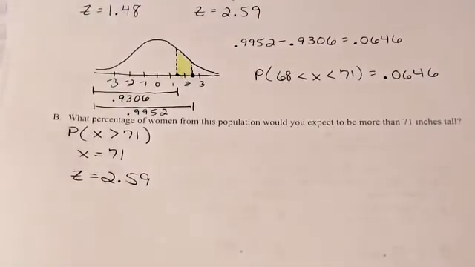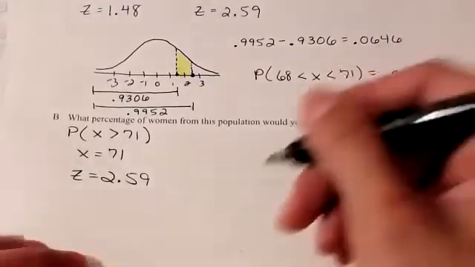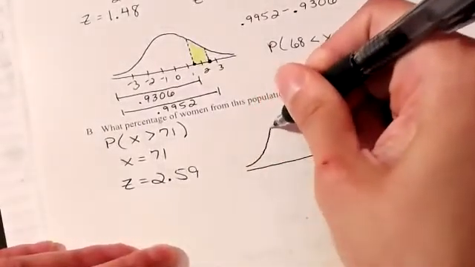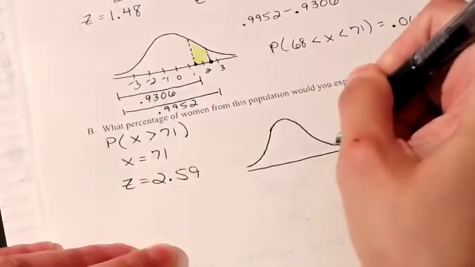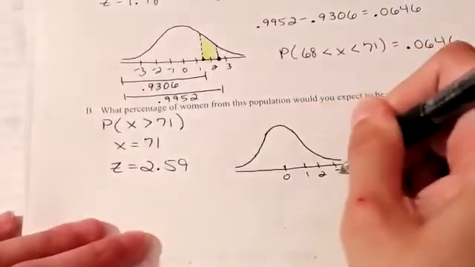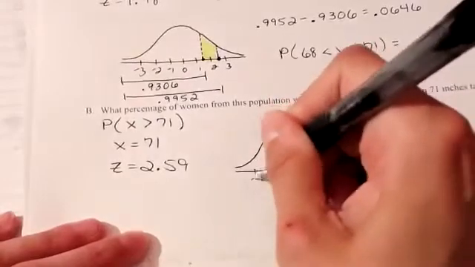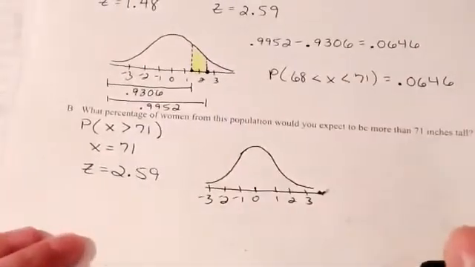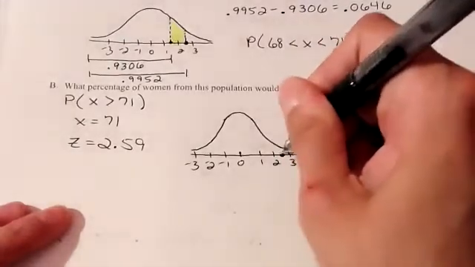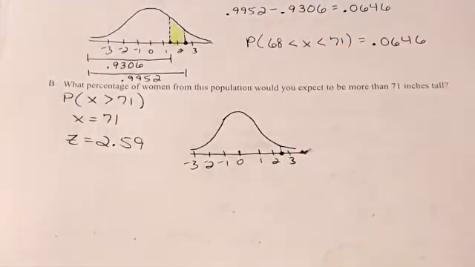Again, what may help is to draw the actual curve. So I'm just going to quickly draw our normal curve. Here it is. 0, 1, 2, 3, -1, -2, -3. We're going to plot the point 2.59. That's approximately here. We draw the dotted line up. Now, the cool thing is we found that probability to the left already.